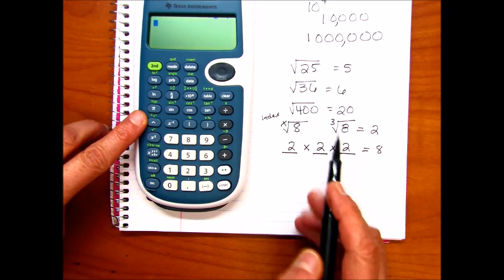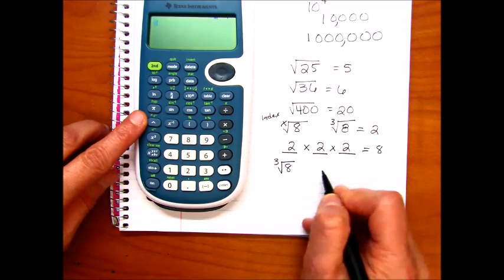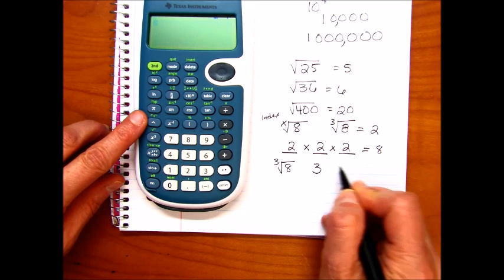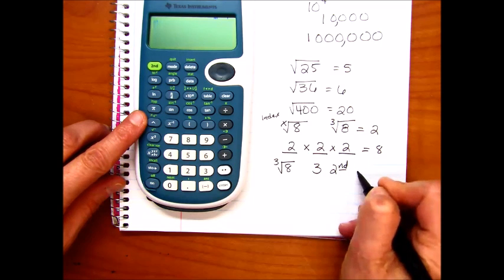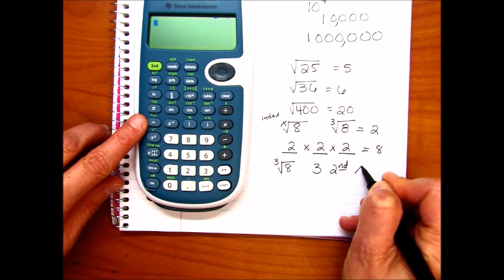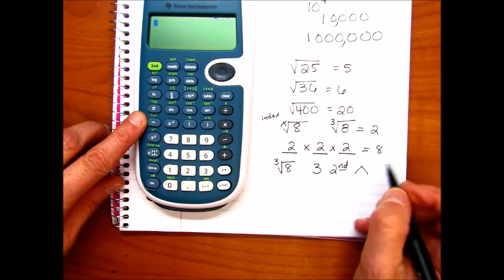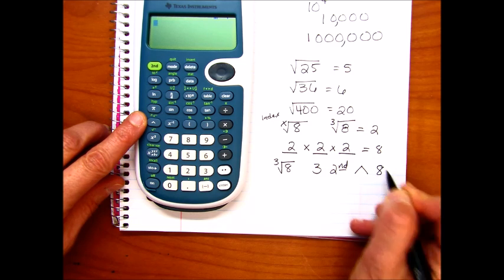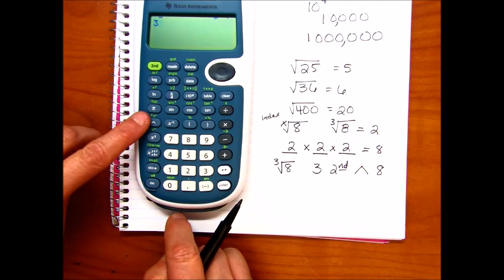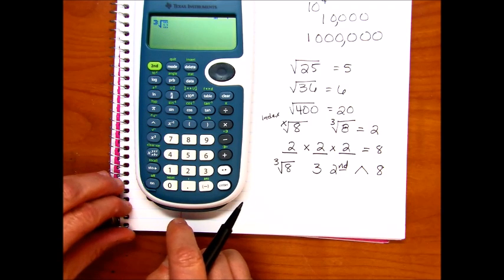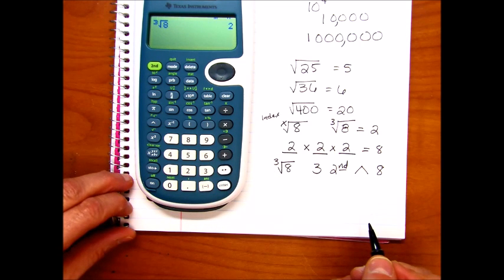If we're doing the cube root of 8, we want to first punch in the 3 and then the second button, and then that caret, because we're going to access that X index, and then we're going to put in our 8. So let's go ahead and try that. This is our index, second, the root button, and then our 8. And sure enough, we get 2.